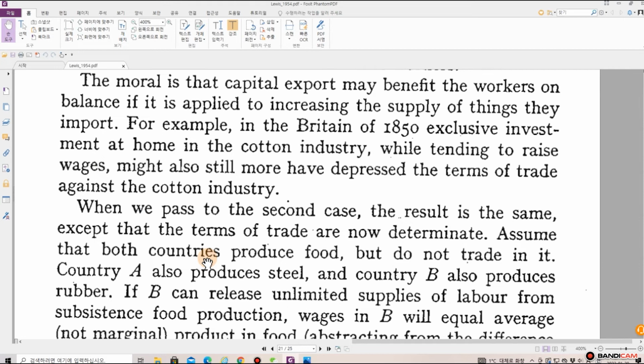When we pass to the second case, the result is the same, except that the terms of trade are now determinate.